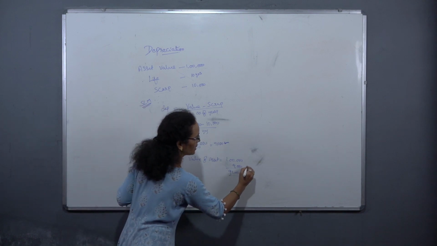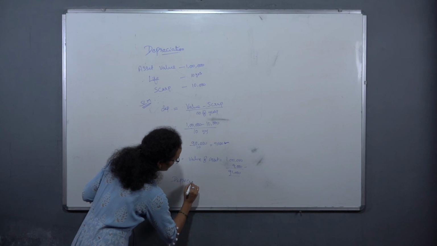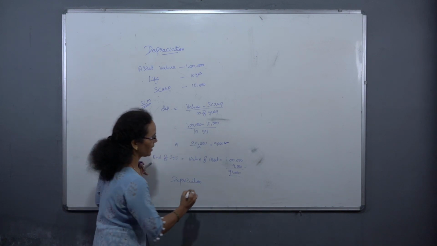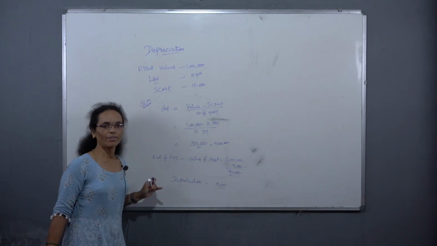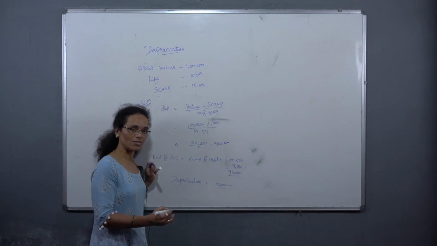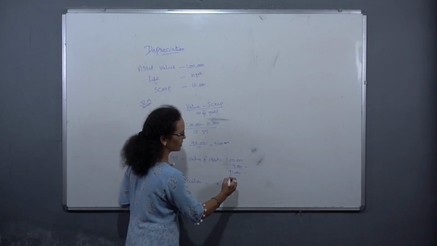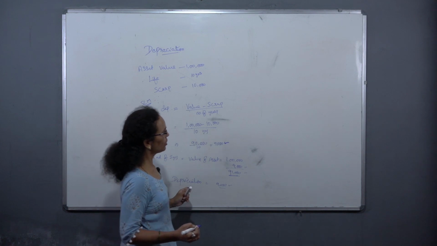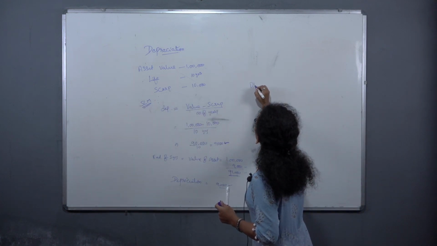This 9,000 rupees depreciation will be debited from the P&L, which means 9,000 rupees is the expenditure for the first year, and the value of the asset at the end of the first year in our balance sheet is 91,000 rupees. Clear till now? Now we will go to the WDV method.